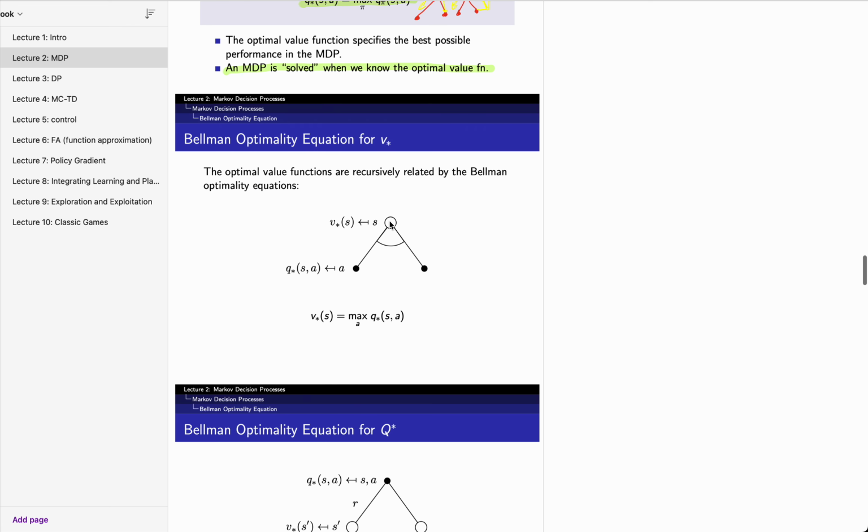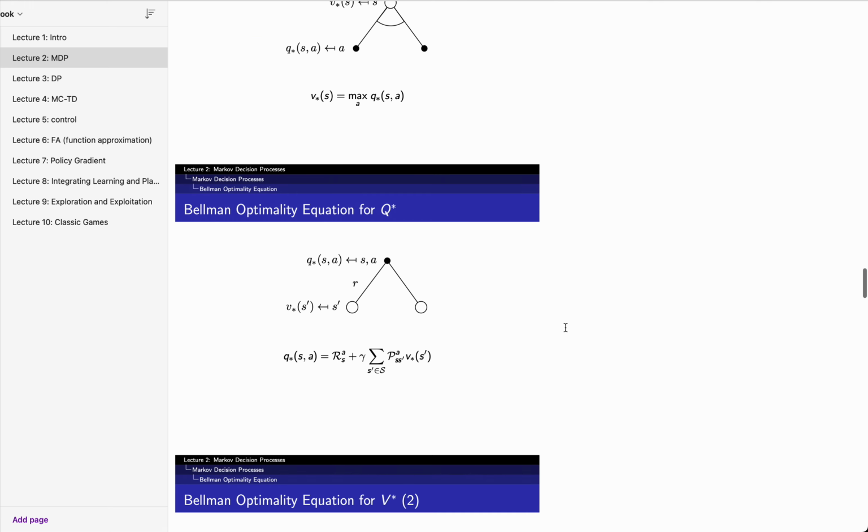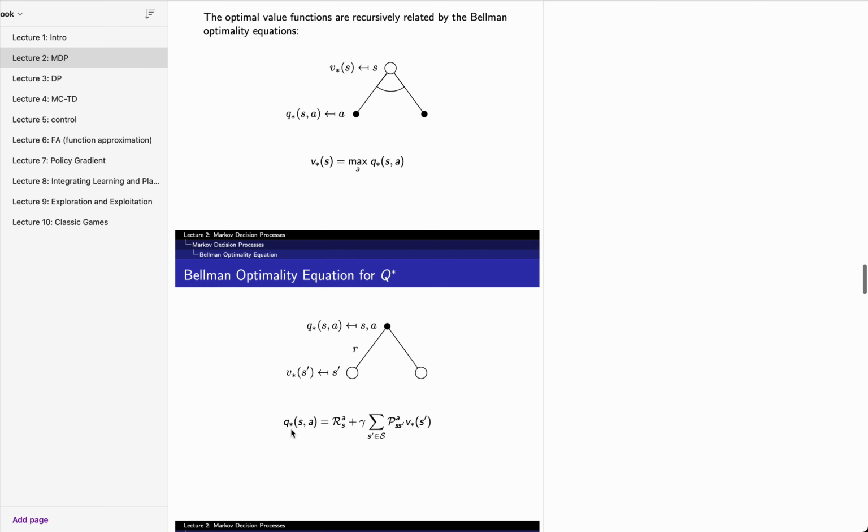In order to find the best state, you just find the max action value function. In order to find the best action value function, you just find the best state value functions. Again, the action value function equals the immediate reward plus the best state value function times its corresponding probability times its discount factor.